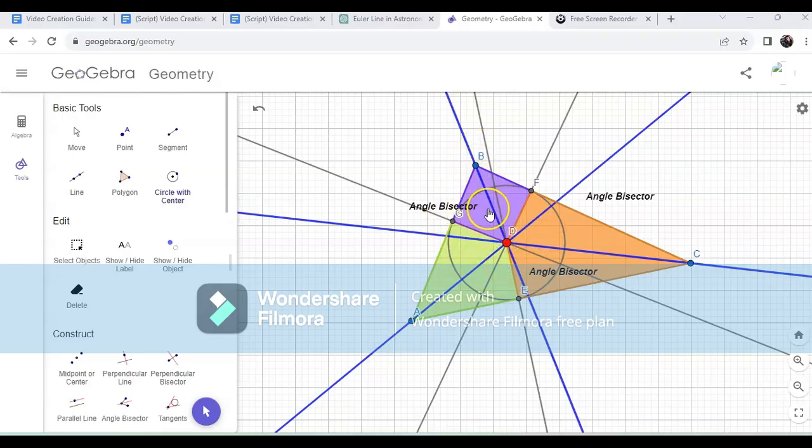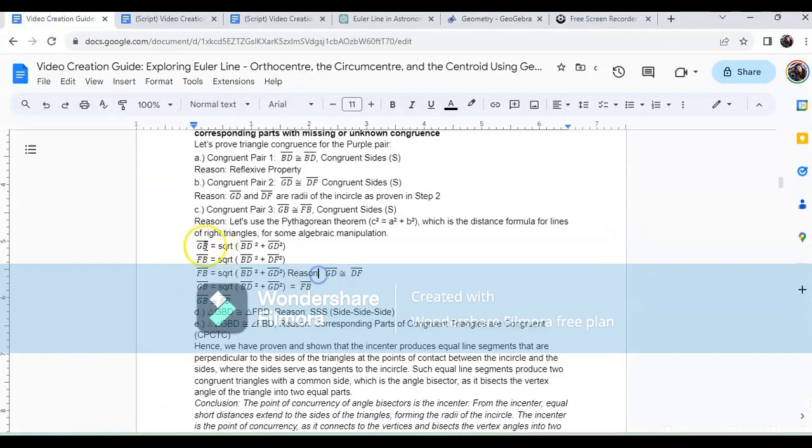So we're going to square side BD, square side GD, get the sum of the two squares, and then get the square root. So we have this equation. Side GB is equal to the square root of the square of side DB plus the square of side GD.